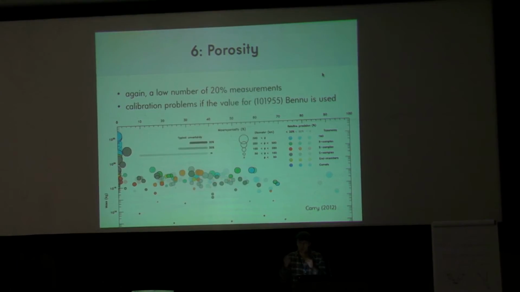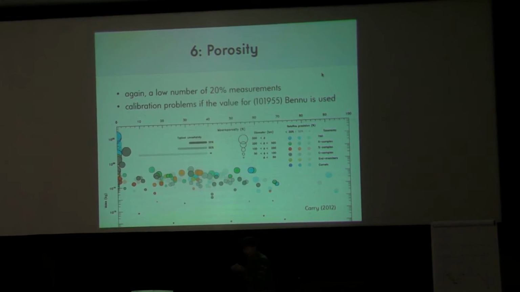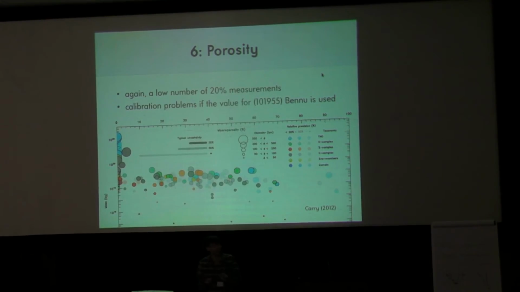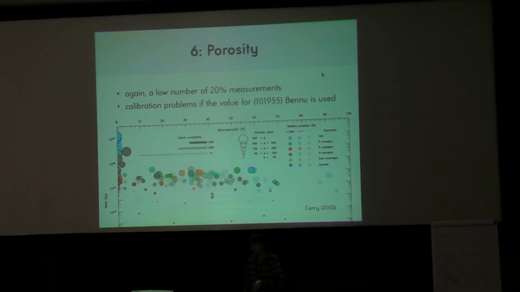But not all quantities for Vesta are measured sufficiently precisely. If you use it as a calibration point, then all of your results might be shifted in a systematic way, in a non-random way. So, for example, the shape of Vesta and the shape of your asteroids might be systematically different. So this would create a difference in your model and in your result, which is not random, which is systematic.